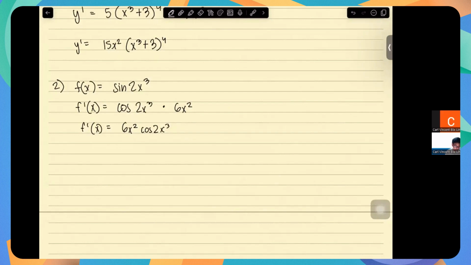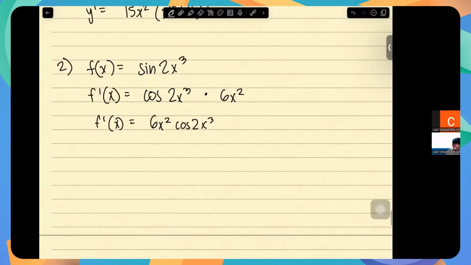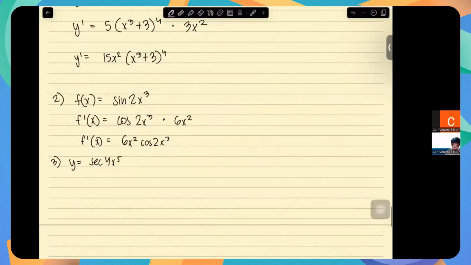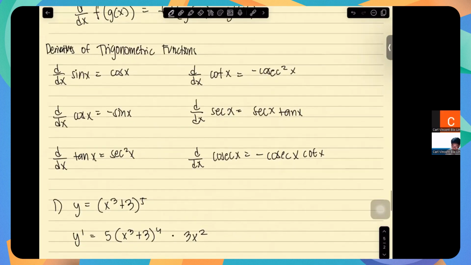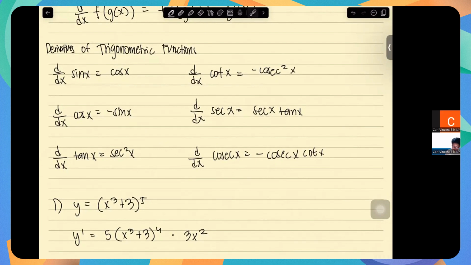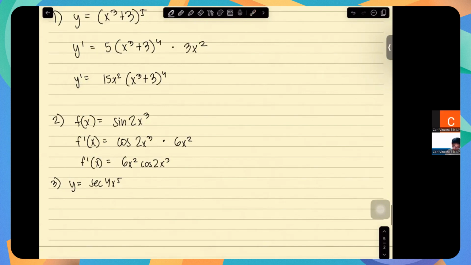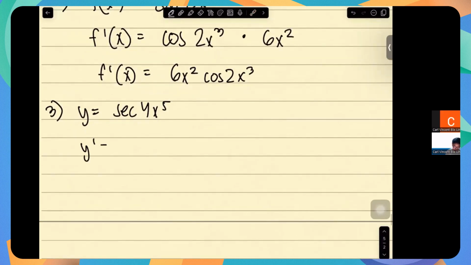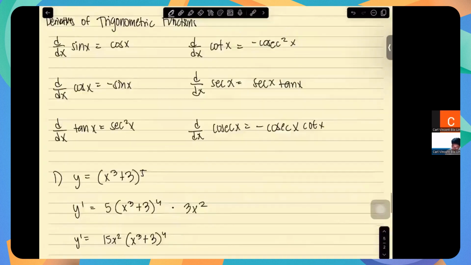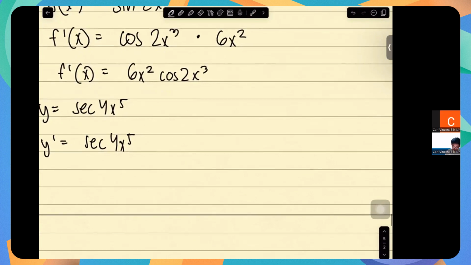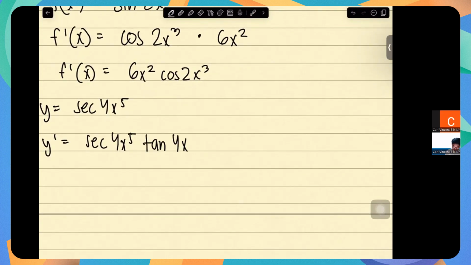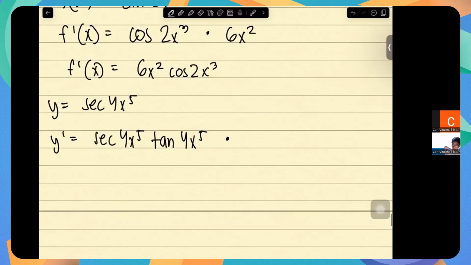So for our last example, we have y is equal to secant of 4x^5. So let us look back again at our derivatives of trigonometric functions. The derivative of secant x is secant x tangent x. So y prime is equal to secant of the inner function, which we just leave as it is, multiplied by tangent, again leaving the inner function as it is, times the derivative of the inner function.